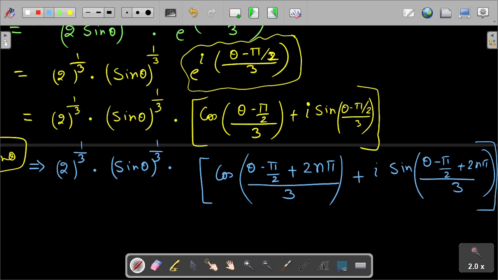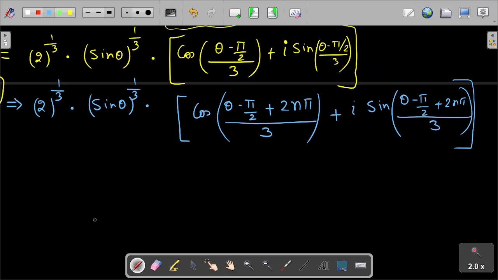How have I written this? Because after 2n pi addition or rotation, the angle will be the same, right? We can add it directly before dividing by 3, or we can write it after dividing by 3 also. Both are correct, no doubt. Okay, so what will be the answer? I think this is my answer.